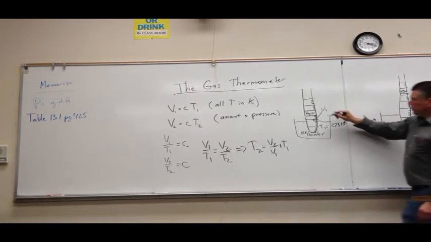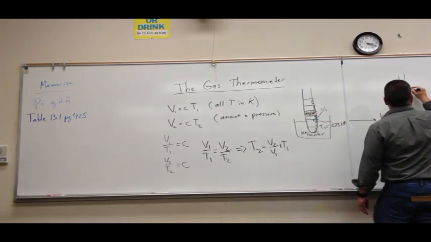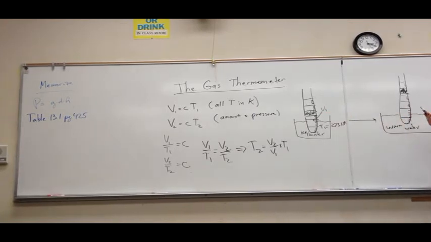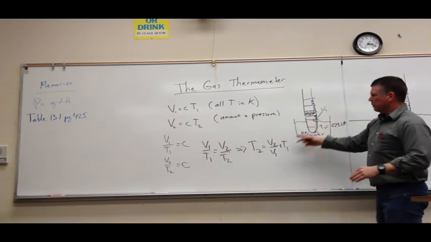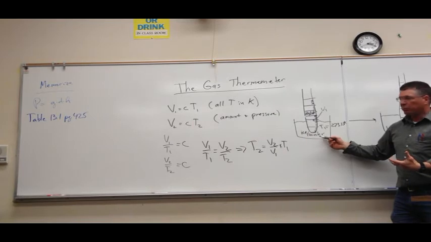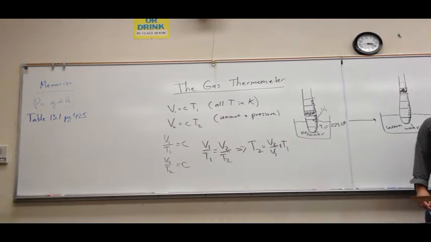It went from this volume here to this volume here. We can just read the volume by reading the marks on this gas thermometer. Now we know V2. We had already read V1. We know what T1 is because we set it up that way. This is the ice point. Plug everything in, and that tells us what the new temperature is.